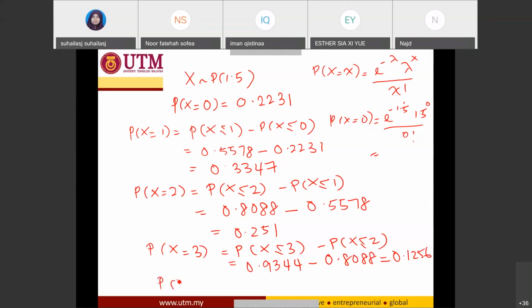Last value: probability x equals 4. In this case, we have 1 minus probability x less than or equal to 3. So 1 minus 0.9344, which is 0.0656.